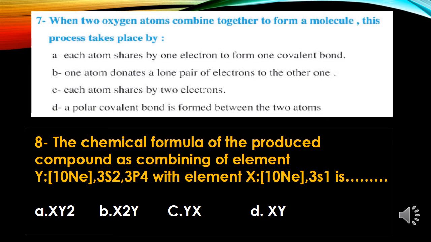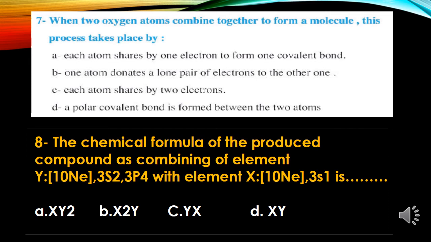The answer will be C because the oxygen needs 2 electrons to be stable. So each oxygen atom will share 2 electrons.